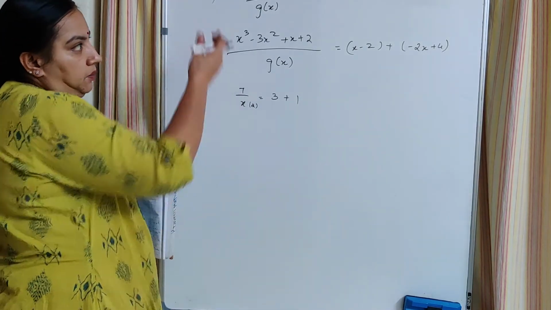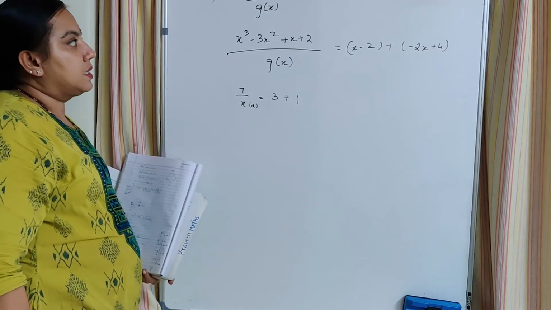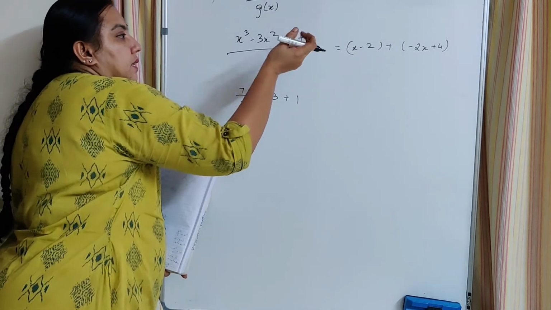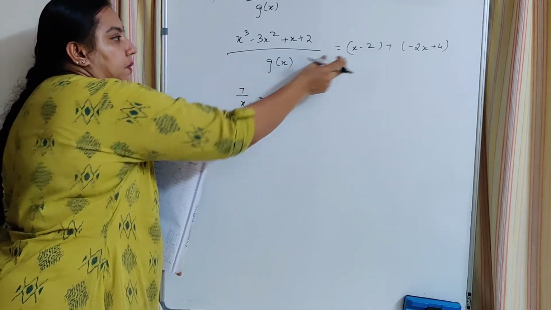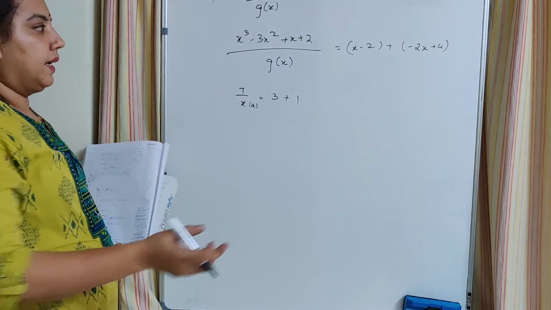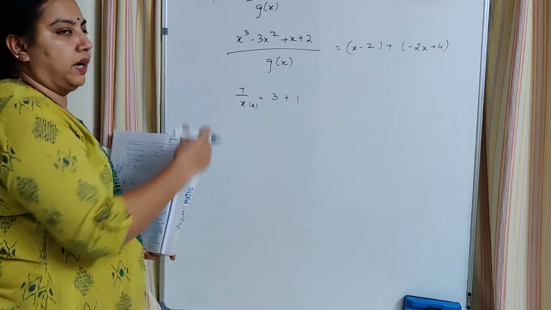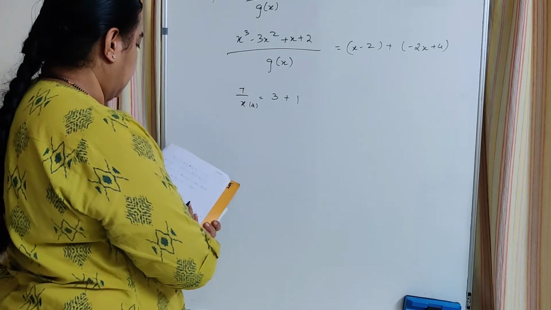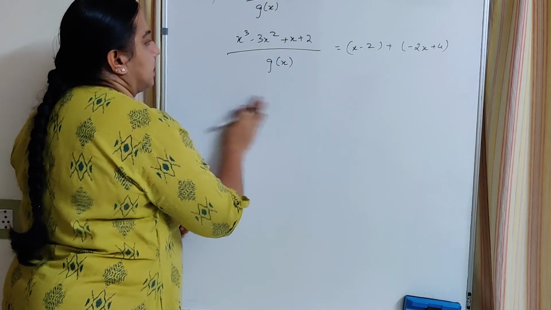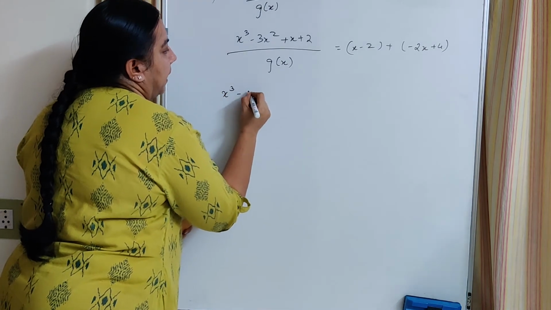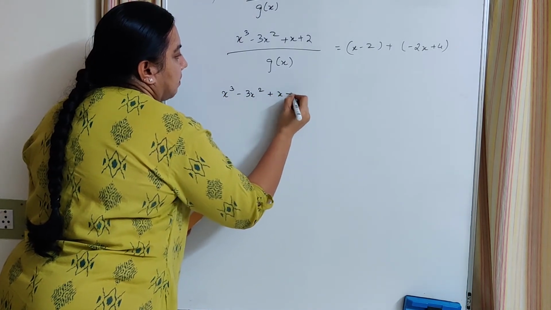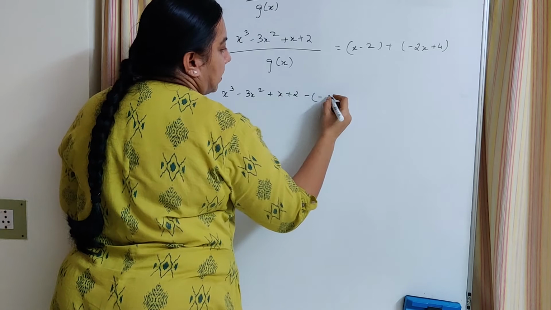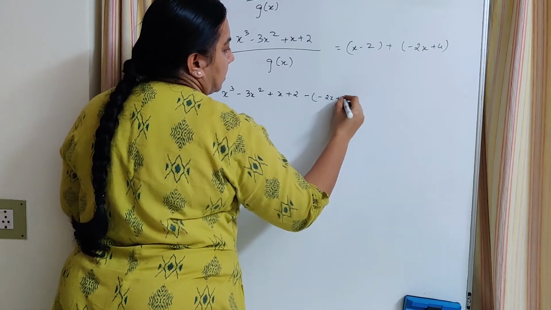So I am going to do the same thing for this polynomial also. First I have to subtract whatever is the remainder. Then whichever remainder I have got, I am going to divide it with this x minus 2. Then I get g of x. That is the way to find g of x. The first part is subtraction. So x cube minus 3x square plus x plus 2, this whole term comes here as minus, minus of minus 2x plus 4.